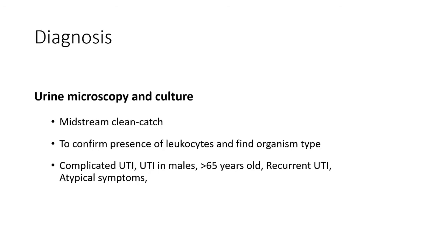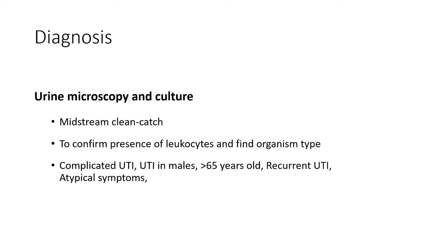Another investigation is urine microscopy and culture. This is more sensitive and specific than dipstick, and it can confirm the presence of white blood cells as well as identify the causing pathogen. Urine microscopy and culture is indicated in specific groups of patients.